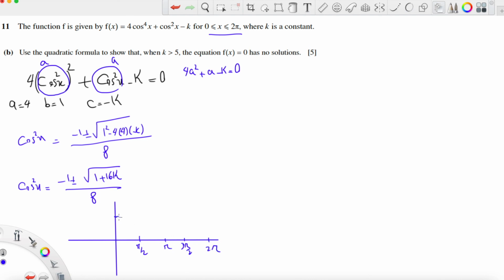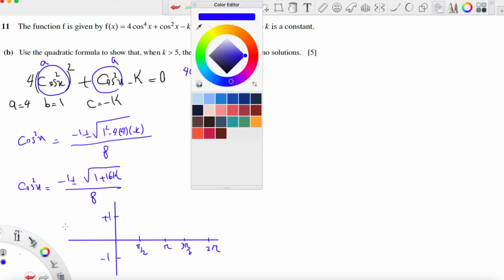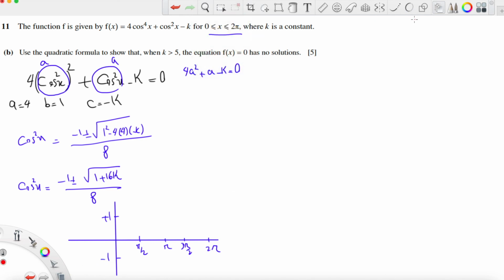We know that cosine of x varies from positive 1 until negative 1. Let me change the color for cosine of x. So, cosine of 0 is 1. Then it comes to negative 1, then 0, then again 1.